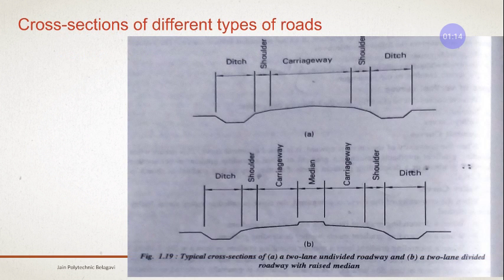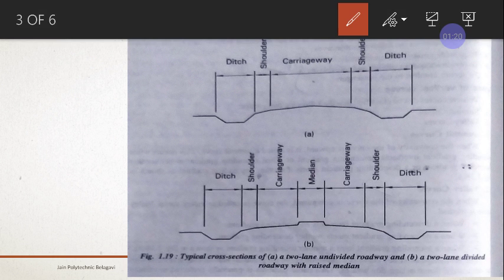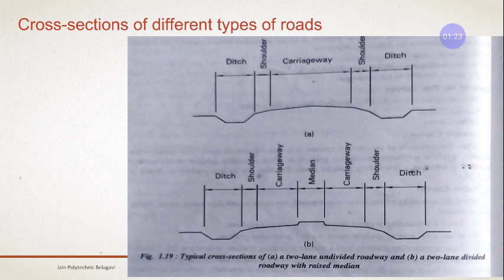This is one of the roads, right? In the first case, can you see there is a drain or a ditch for the drain, and there is a center part called the carriageway where there is movement of vehicles.